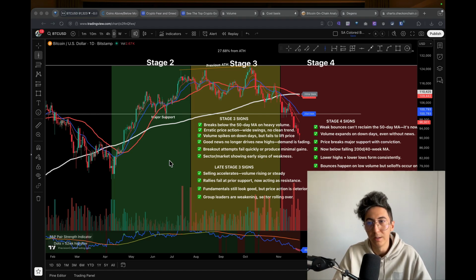We're not timing the bottom based on if a death cross or a golden cross happens. We're not using any of these. We're using timeless indicators that have been proven through hundreds of years, which are moving averages, price action, and the volume. So what is happening? That's all that really matters.